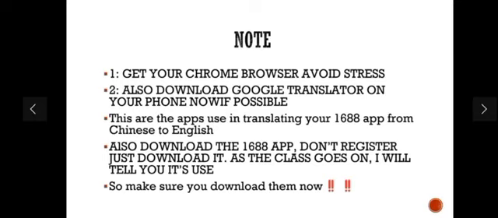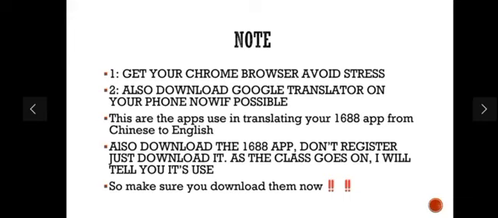Yes, you need a Google Translator. But to save yourself from that stress, use Google Chrome, in which you can easily translate to English. I've already taught you the process. So those are the apps that you need to have on your phone, and make sure you have them. Yes, the 1688 official app is also necessary to have.